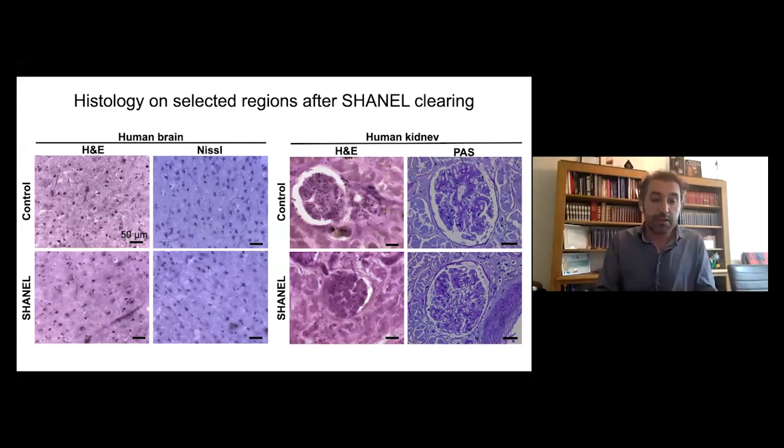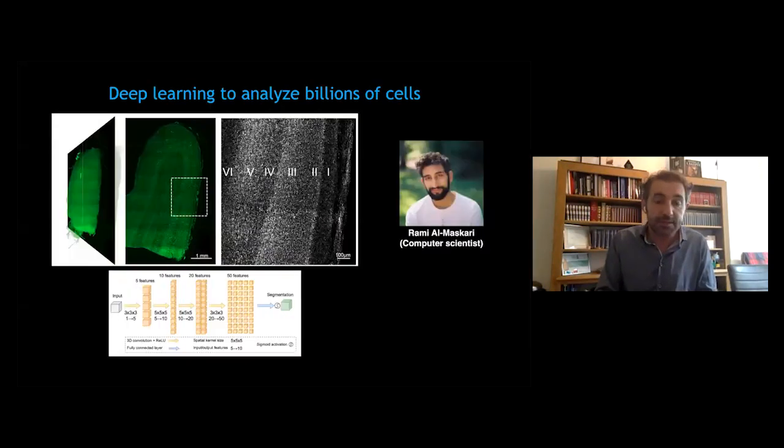Of course, imaging large human tissues like this, we are looking at billions of cells. Again, we have been developing deep learning algorithms, developed here by Rami, to analyze hundreds of millions of cells within a very short time, within a few hours in the brain cortex.